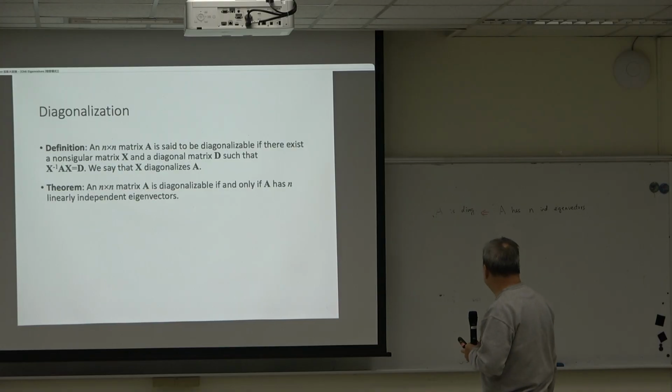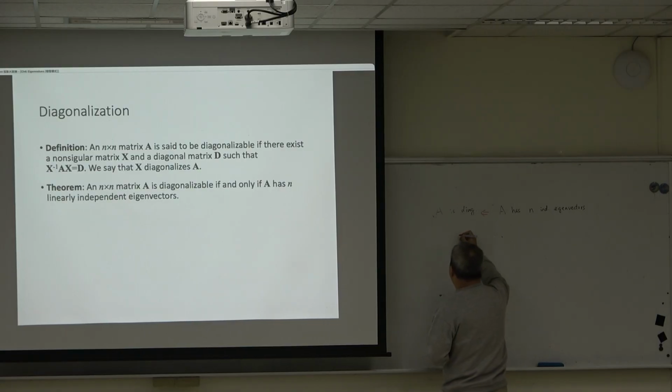If A has n independent eigenvectors, then that pretty much means, let those n eigenvectors be x1, x2, xn. These are their eigenvectors, and the corresponding eigenvalues are lambda 1, lambda 2, lambda n.